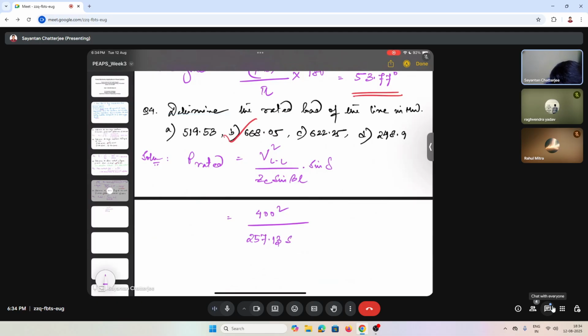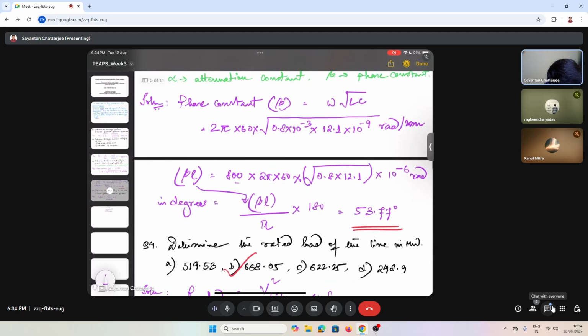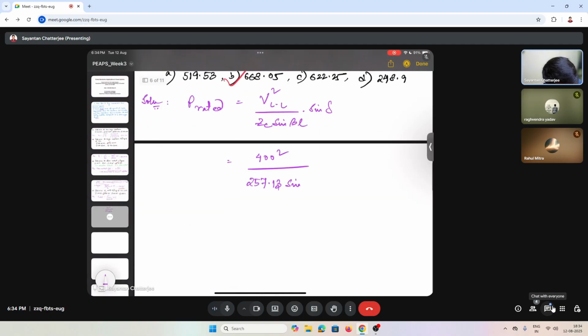And sin beta L value we have also obtained, it is 53.77. So beta L is 53.77, and delta is given as sine 60.